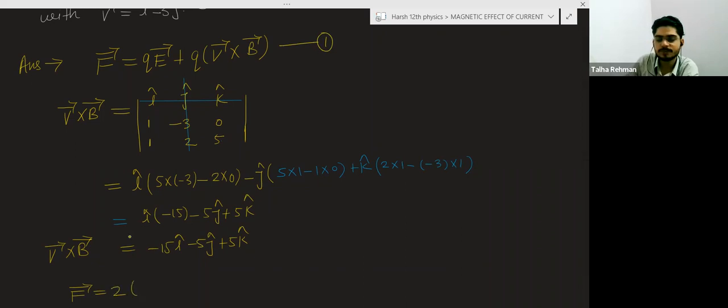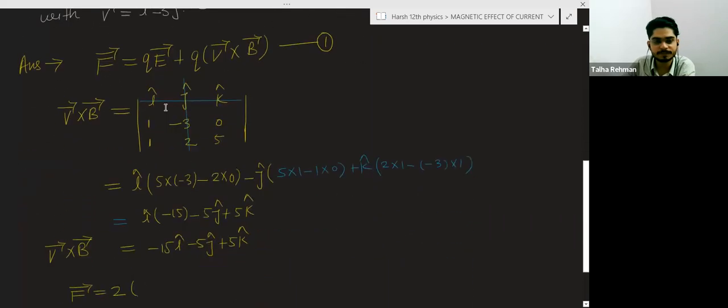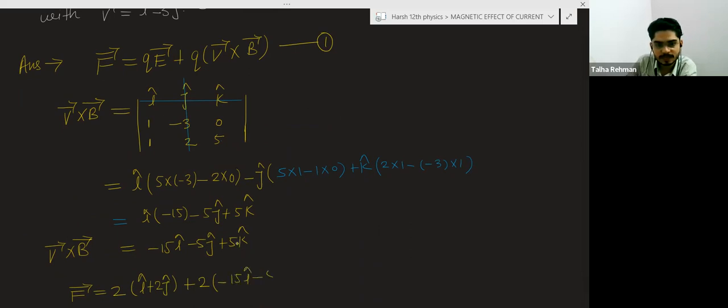Now electric field, put the value of electric field: I cap plus 2 J cap. Again this will become 2, and put the value of B cross B, this is minus 15 I cap minus 5 J cap plus 5 K cap.